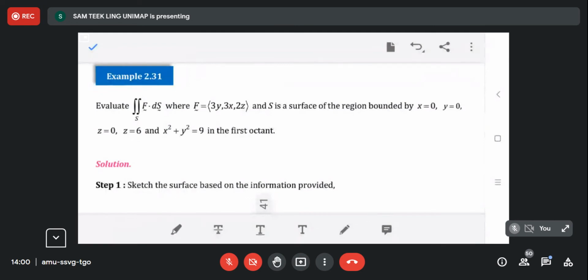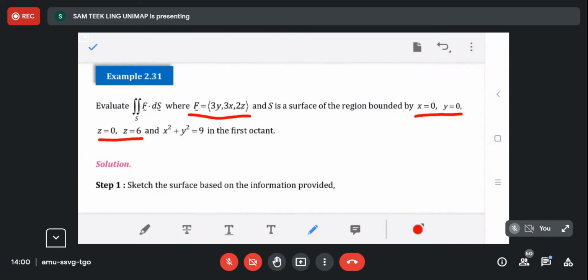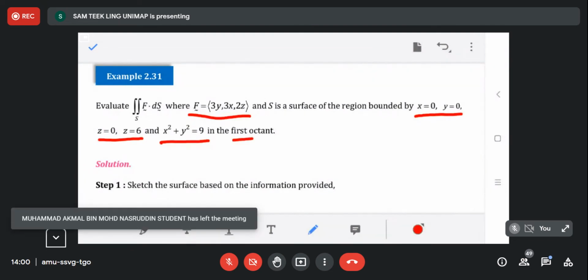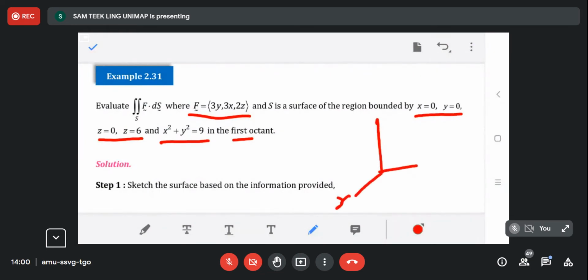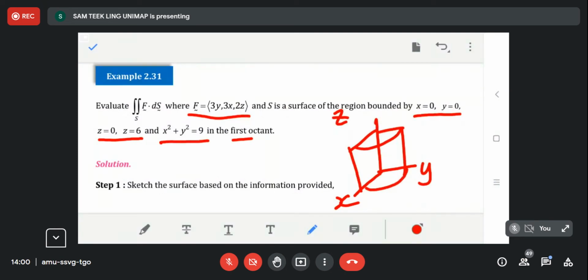So you can see for example 2.31, the question gives you a region bounded by x equals 0, y equals 0, z equals 0, z equals 6, x power 2 plus y power 2 equals 9 in the first octant. If you draw it, you will get something like this. A cylinder. For the cylinder, it's easy.